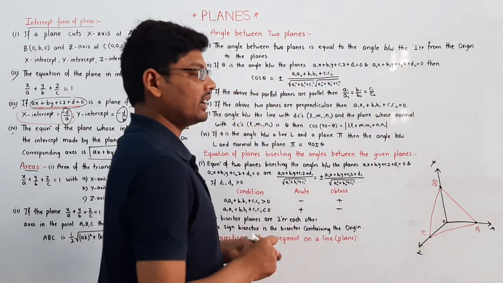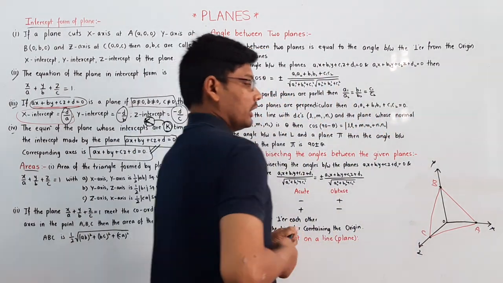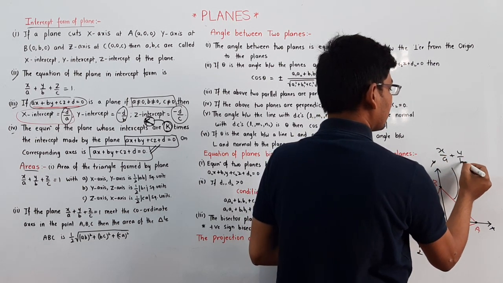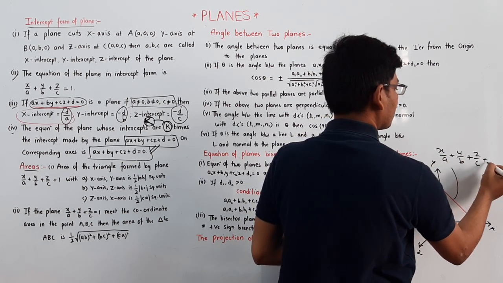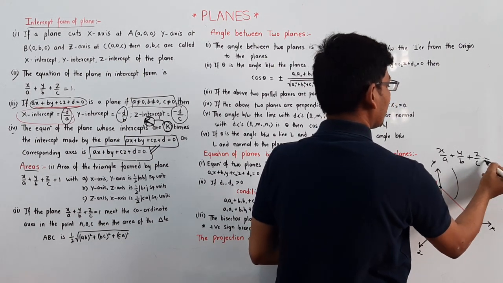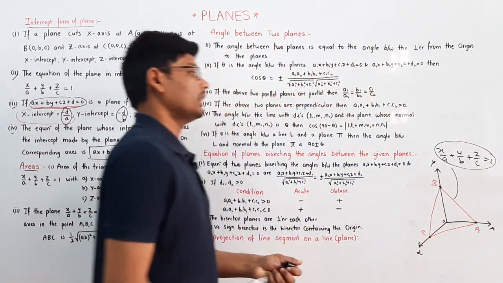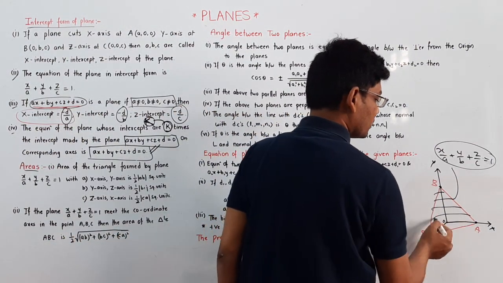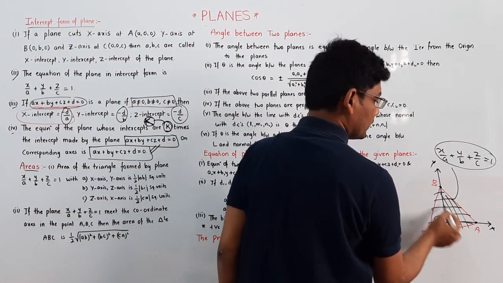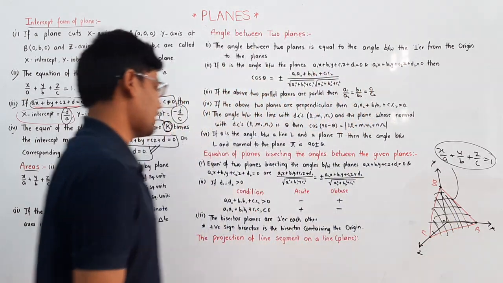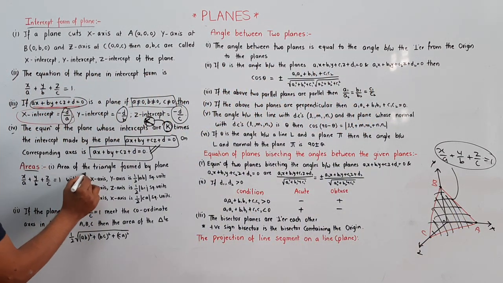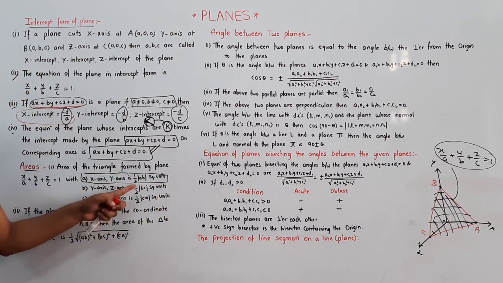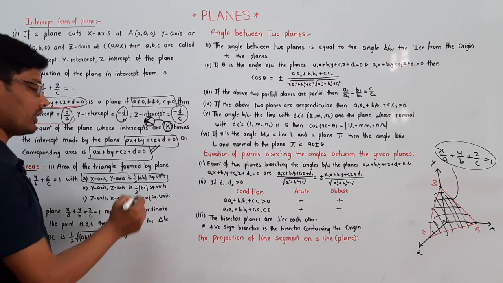The plane equation is x by a plus y by b plus z by c is equal to 1. If you want to find the area of the triangle framed by this plane, this is the formula. With the x axis and y axis, the area of the triangle is 1 by 2 mod of AB.